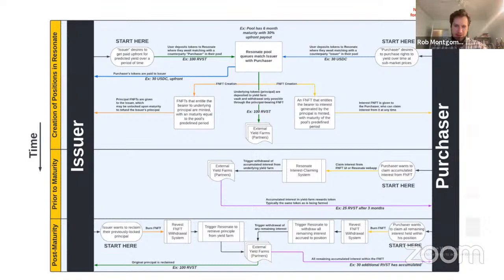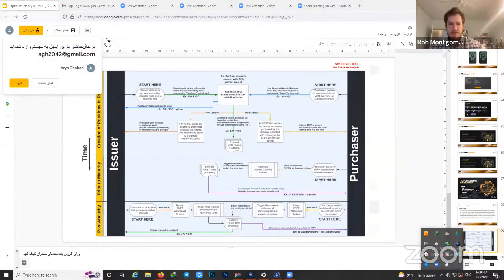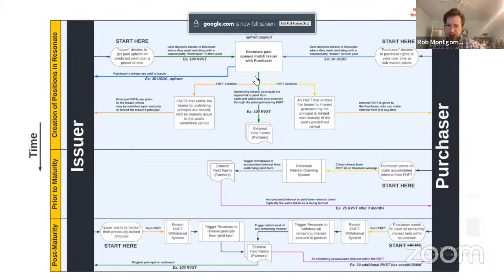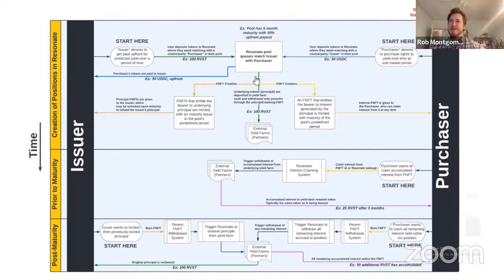However, if I'm Circle, I want safe returns. I want guarantees. So I might want to get just 10% upfront, 10% returns on the dollar. And if I get 10% returns on the dollar, I'm happy as an institution. I just lock up my USDC for a year. It's a CD, certificate of deposit, same concept. I'm used to that.